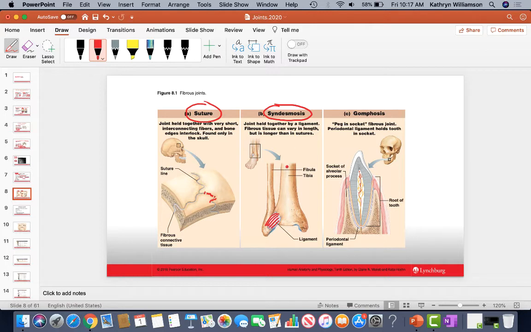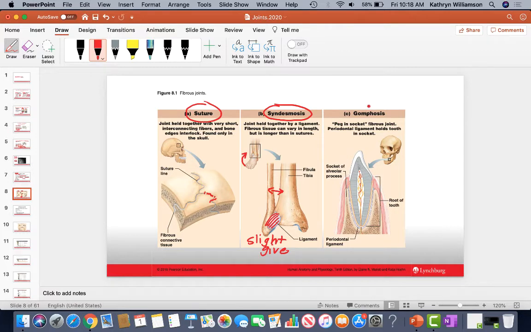So we can have a slight bit of movement, or what we would call slight give. In this example, we see this joint at your ankle. When you move your foot up towards your head, that joint is going to give just a little bit to allow some space for your ankle bones to move into. So slight give at that joint.